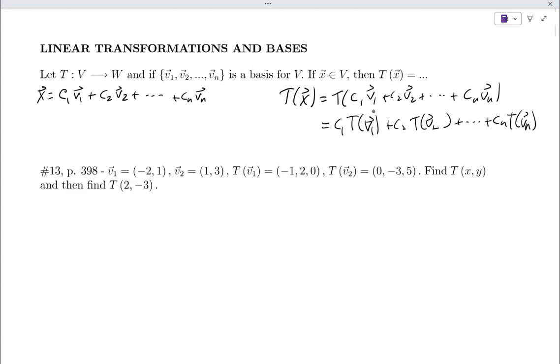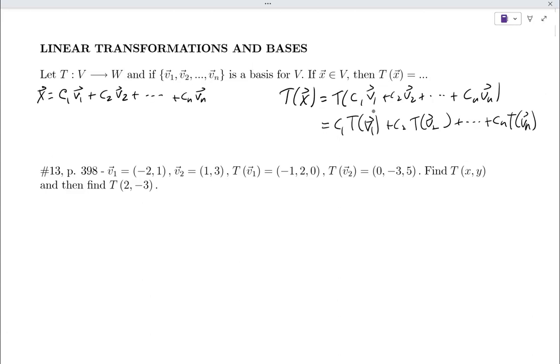And what does that tell us? What it tells us is that if I know what the transformation does to the basis vectors, then I know what the transformation does. Say it again. I know what the transformation does to the basis vectors.